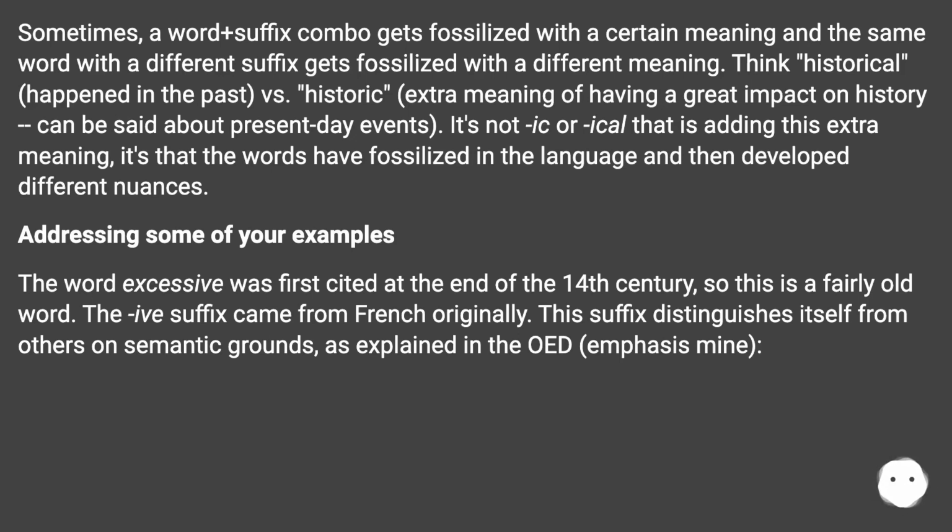Addressing some of your examples. The word excessive was first cited at the end of the 14th century, so this is a fairly old word. The -ive suffix came from French originally. This suffix distinguishes itself from others on semantic grounds, as explained in the OED, emphasis mine.